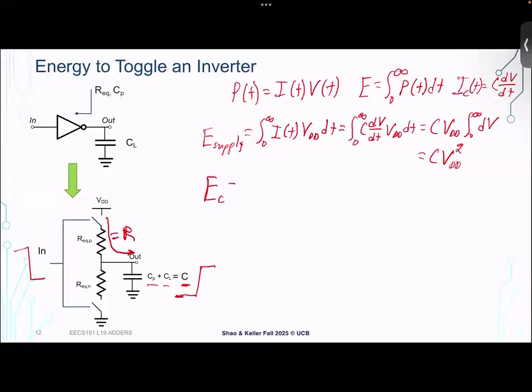Okay, next question. How much energy is actually stored on the capacitor when the inverter switches? We'll start in the same place. Energy is the integral of power. Power is voltage times current, except now the voltage we're concerned about is the voltage on the capacitor, which means it's not fixed at VDD, it's varying over time. So our analysis is going to look slightly different.